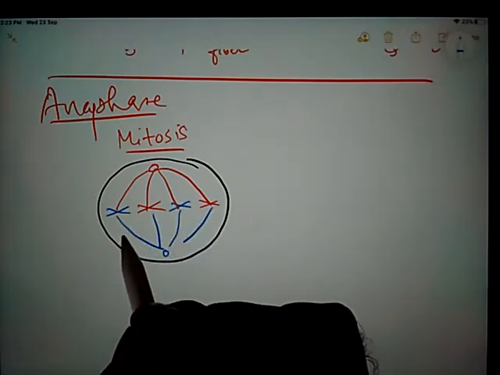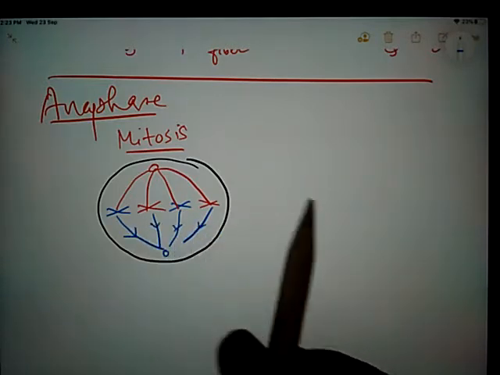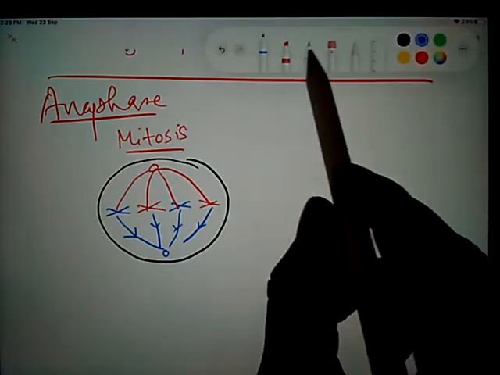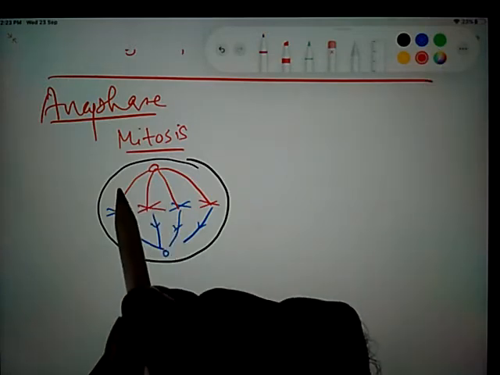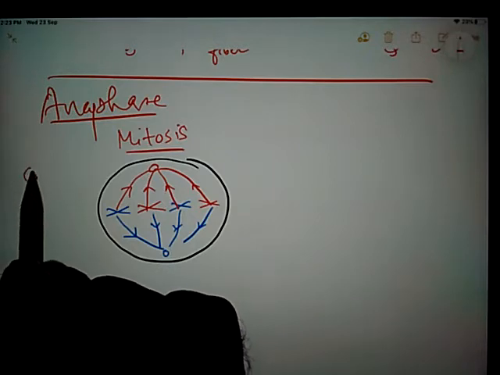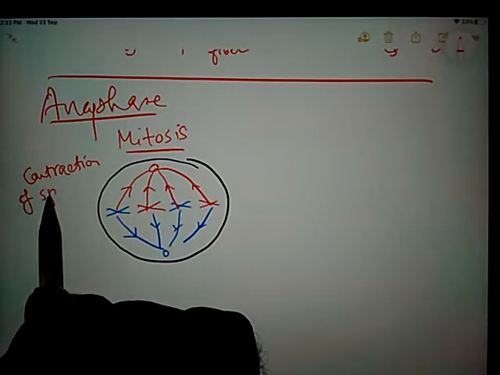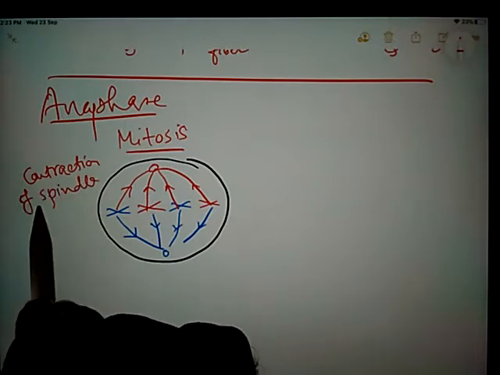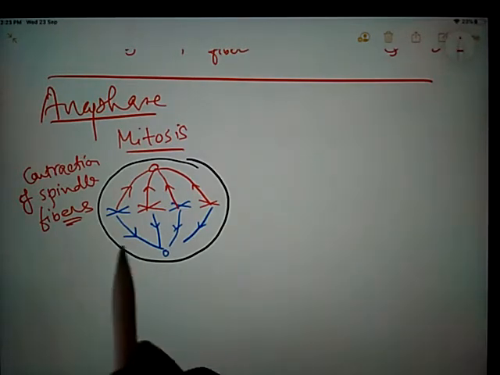So here the thing is that during anaphase, contraction of the spindle fibers toward their respective poles happens.